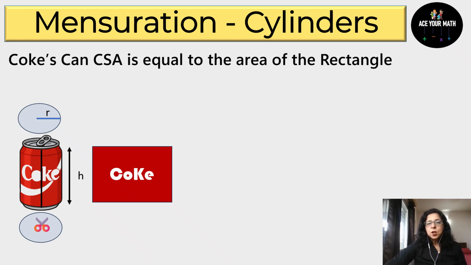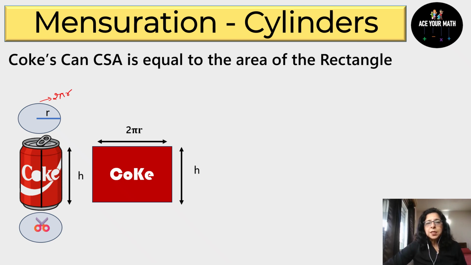Now the question is, what is the length here? See, the height, you know, will remain the same. Now how do you calculate this length? See, this length is nothing but the circumference of the circle which is at the top. So the circumference of this circle is what? It is 2 pi r. So this is the length of the rectangle which is formed.